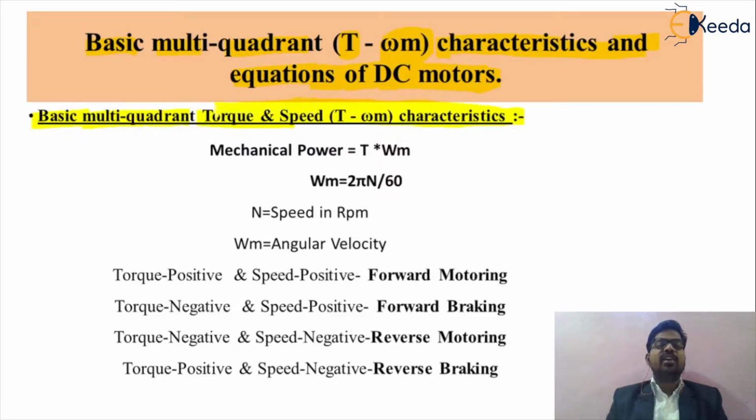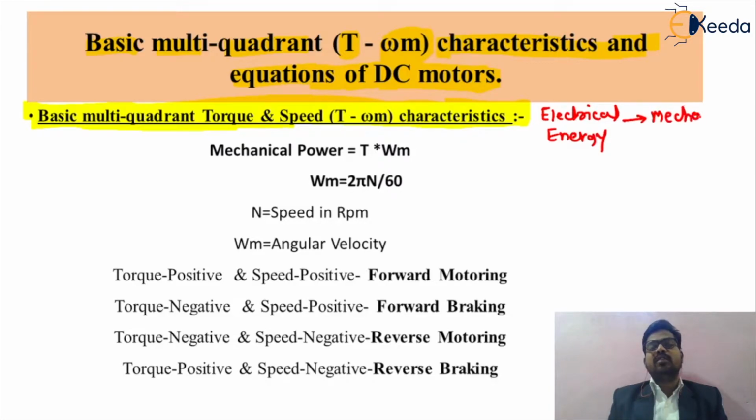As we know, we are studying a DC motor in detail. A DC motor is a device which converts electrical energy into mechanical energy. In the motoring operation, we are converting electrical energy into mechanical energy, so this device is called a motor.